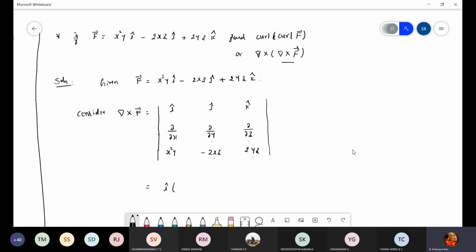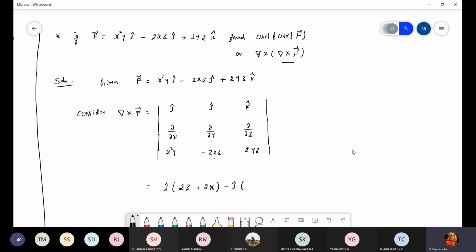Dou by dou y of 2yz is 2z. Formula minus, and here also one more minus is there. So plus, you will get dou by dou z of minus 2x, that is minus 2x, minus minus becomes plus 2x. This is the first term. Minus j cap into, particular column and particular row you neglect.